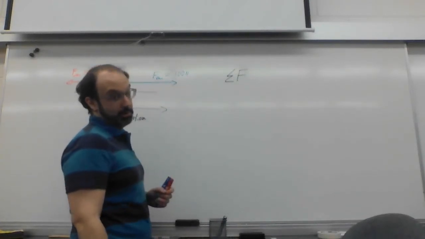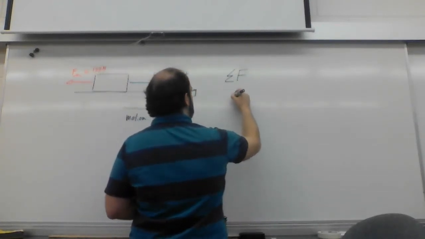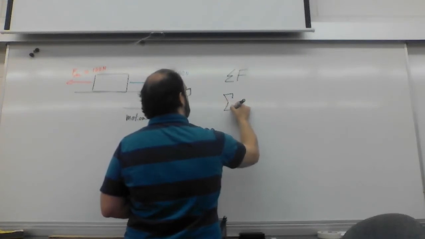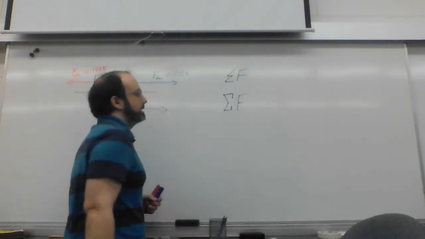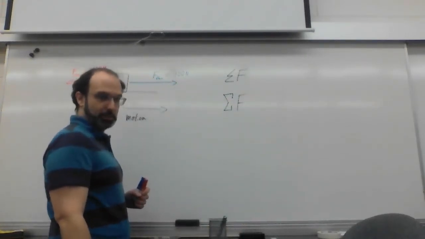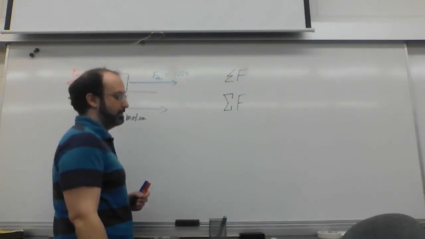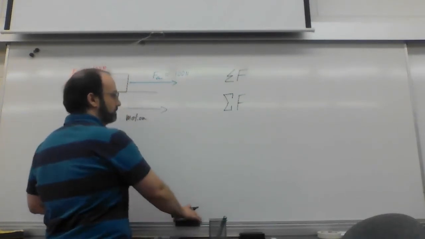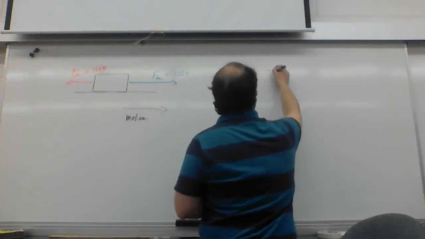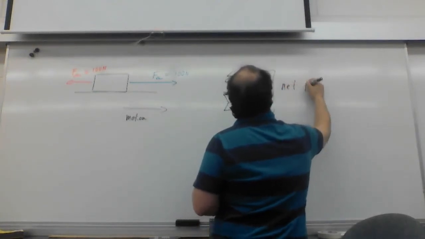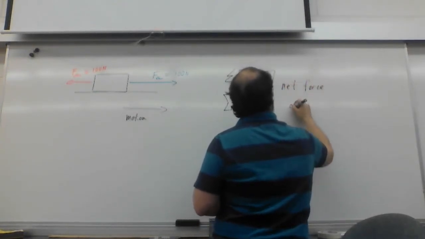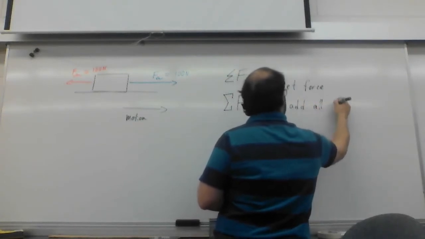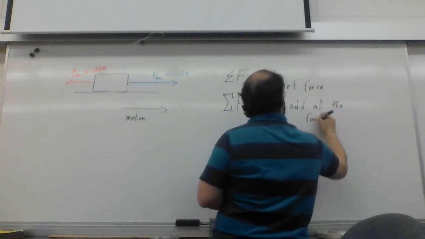Or at least that's usually how I end up drawing it. Technically, you should use a capital sigma, another Greek letter with an F, but I get a little lazy. I just do a little bit of a lowercase sigma, keeps it easy. So this is called the net force, which is just add all the forces.